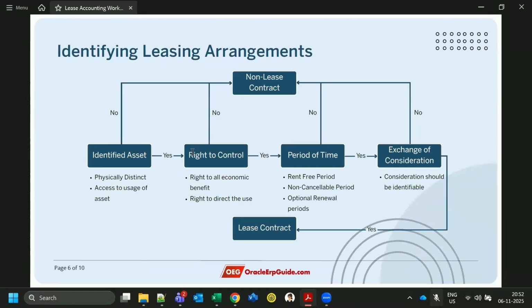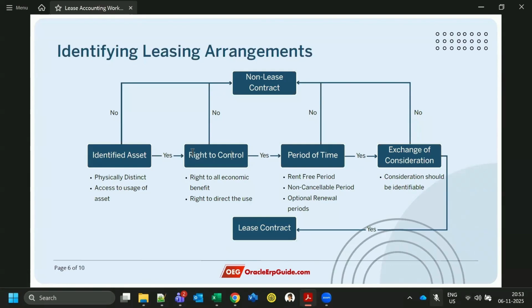Now, just taking an example here. Assume we're talking about Oracle Fusion. Oracle Fusion provides SaaS services, which is software as a service, a subscription. Here I have the right to use, but the right to control the entire asset, the right to control Oracle Fusion from the backend, the right to modify, update, alter, lies with Oracle, which is my landlord.